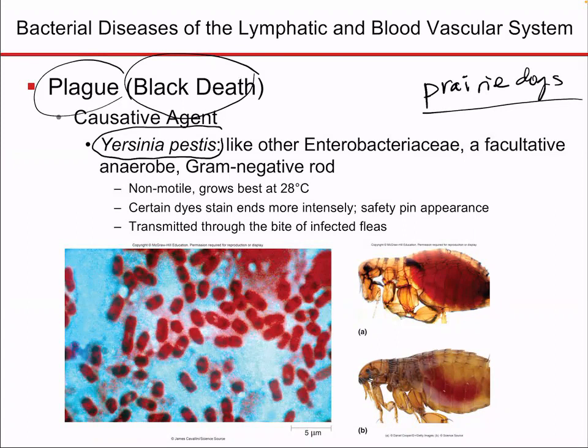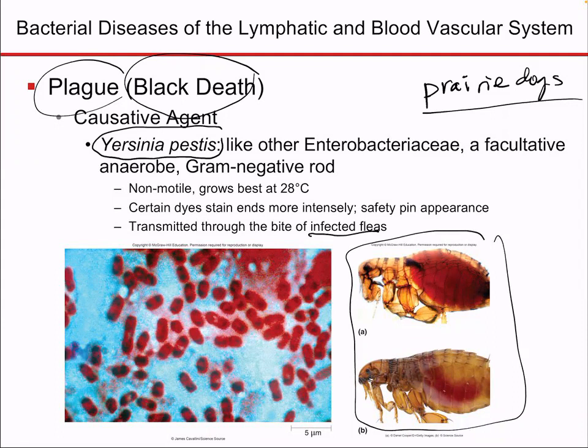And several species of rodents could be also important reservoirs for that bacteria. So the main vector is considered infected fleas. You have a picture here of those fleas.